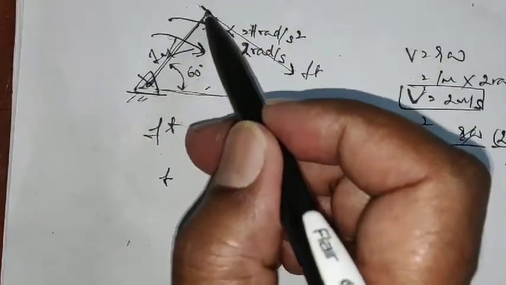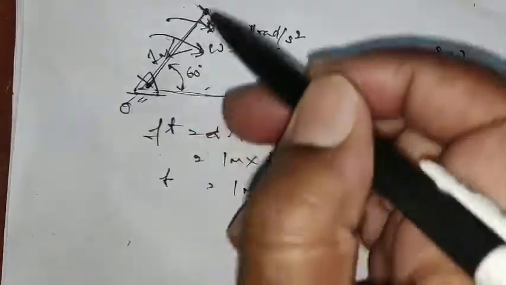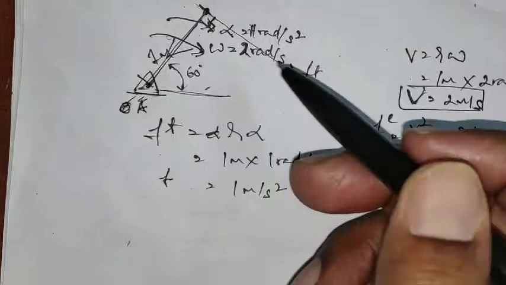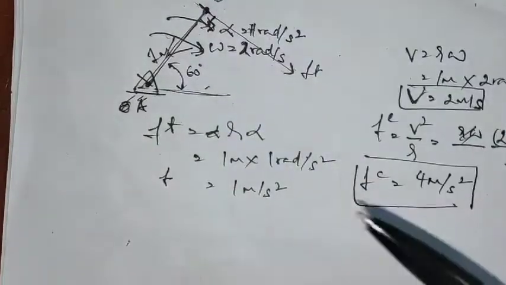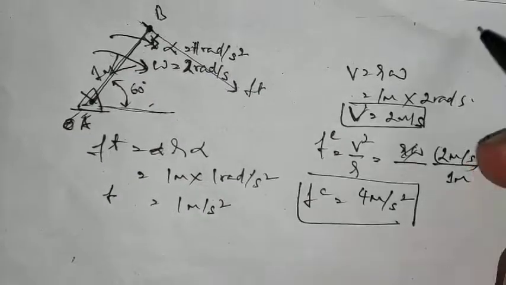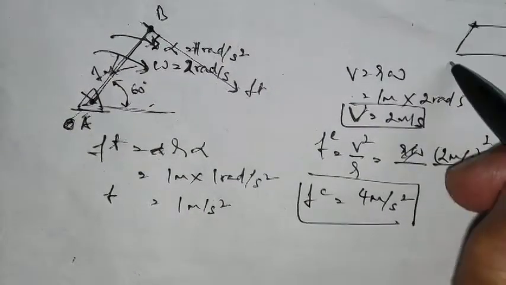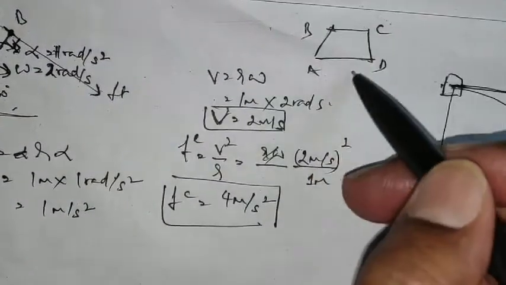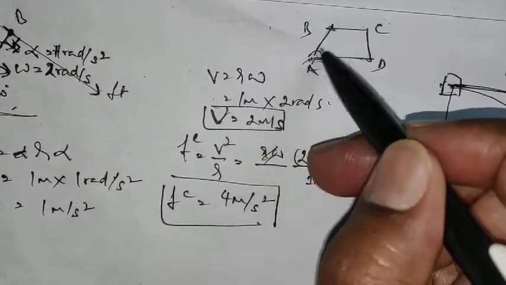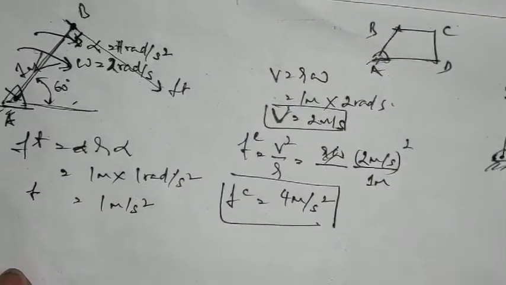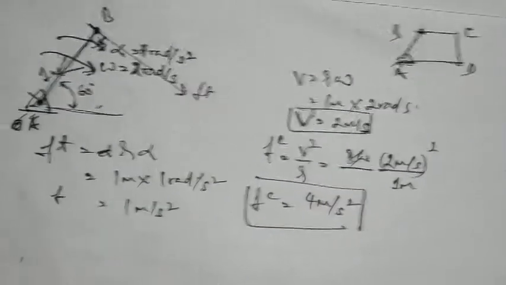Suppose we call this O and this A. Instead of that, I'll call this A and this B, like any other four-bar kinematic diagram, ABCD. I will consider this as a link A, so that I can convert the small problem into a bigger problem without any complications.